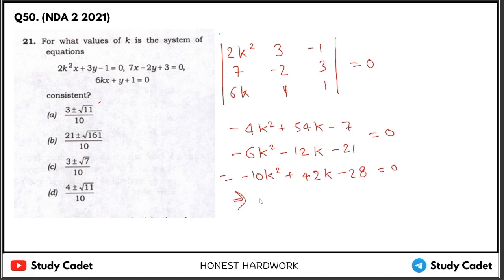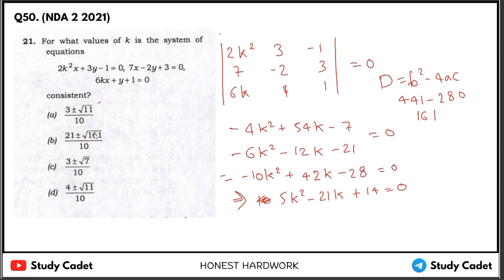When we divide it by minus 2, then it will be 5k square minus 21k plus 14 equals 0. So what is the discriminant here? b square minus 4ac. That will be b square means 441 minus 4 into a into c, that is 280. So it will come 161.